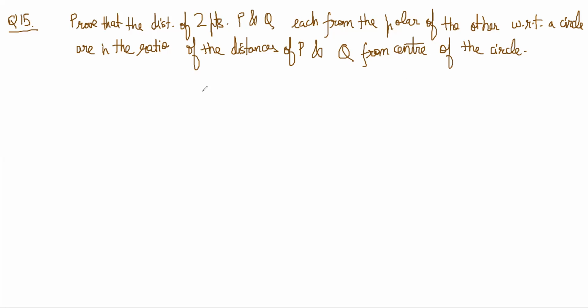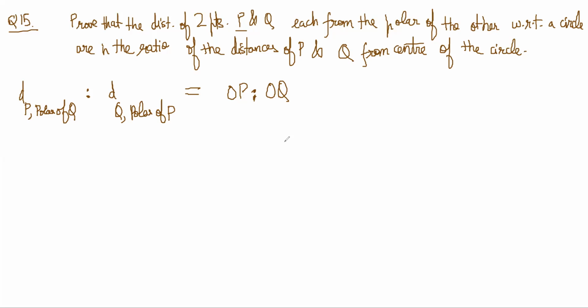So the distance of point P from the polar of Q is to the distance of point Q from the polar of P as OP is to OQ. You have to prove this.